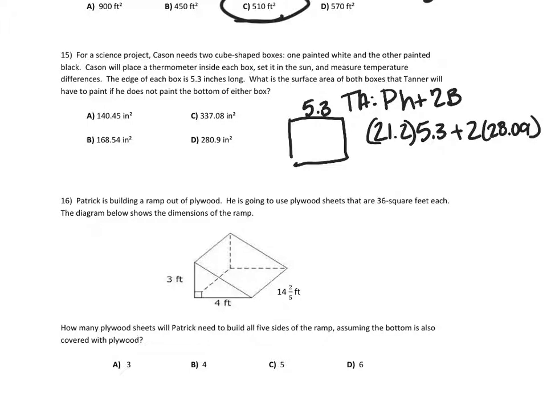So 21.2 times 5.3 plus 2 times 28.09 is 168.54. But I have 2 of them, so this is 1. So times 2. Notice that answer choice is there. So I'm going to multiply it times 2, and I get 337.08.